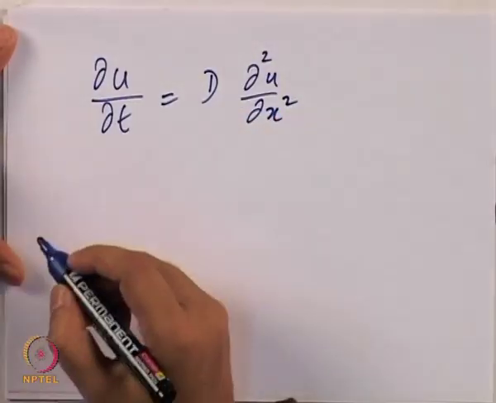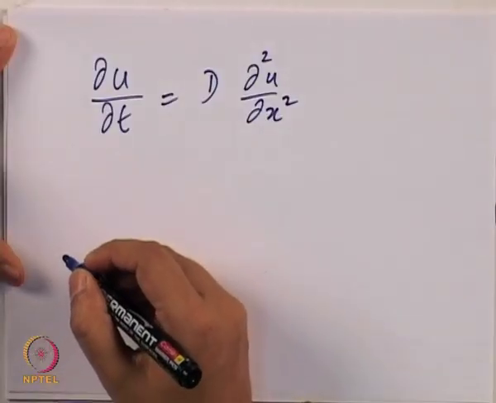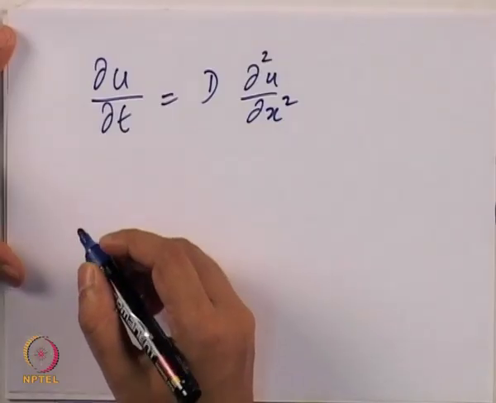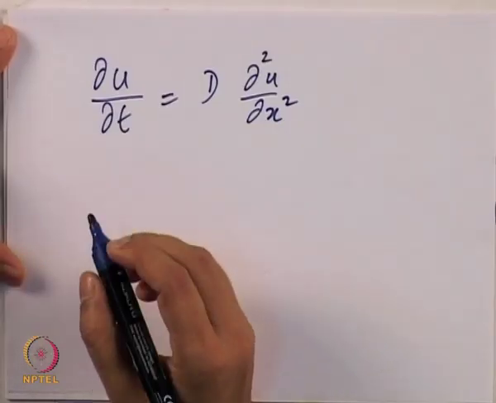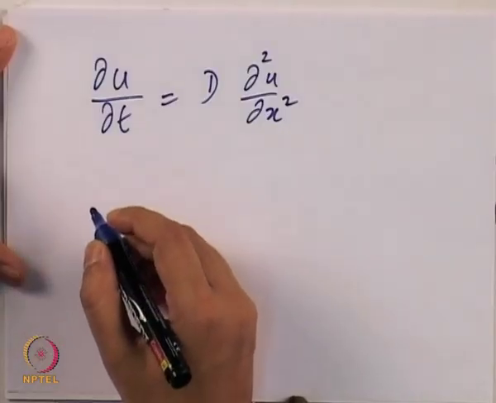We said d is going to be a constant, so we are taking it out of this equation, and we had this form. In the implicit method, we are going to do forward in time stepping, like the way we did for the explicit method.